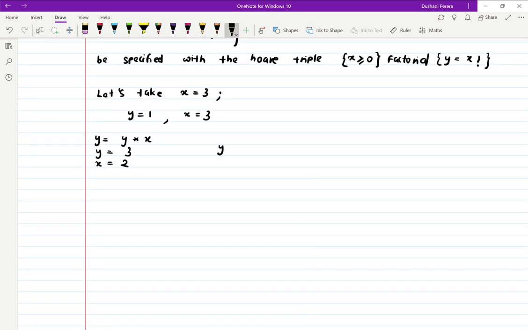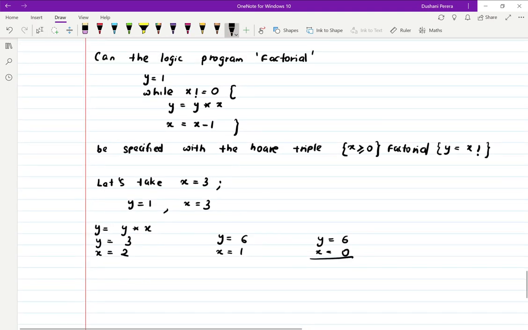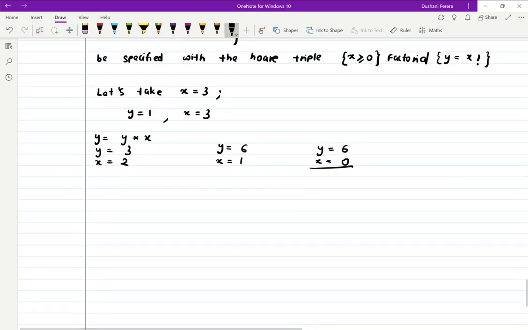In the next case, y is 3 into 2, 6, and x will be 1. And then y will be 6 into 1, 6, and x will be 1 minus 1, 0. So now x is 0, so we come out of the loop and we end the program.